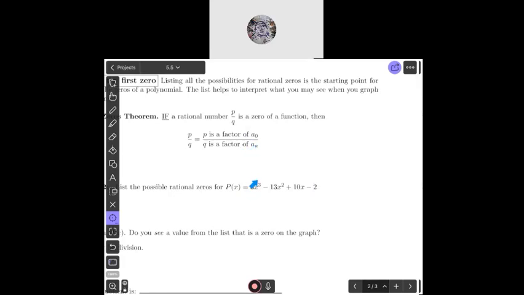If we take all the factors of this number divided by all the factors of this number, we'll generate a list of numbers, and any actual rational zero, remember rational means a fraction, will come from that list. So not everything on that list will be an answer, but anything that is an answer would be on that list.